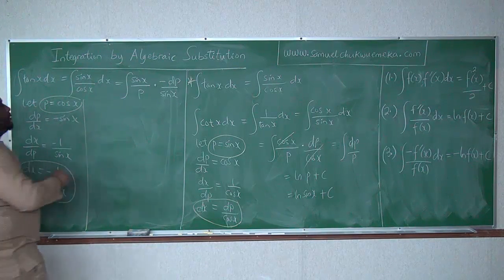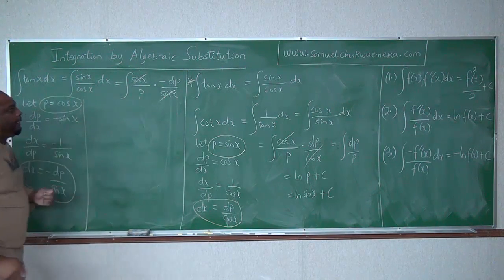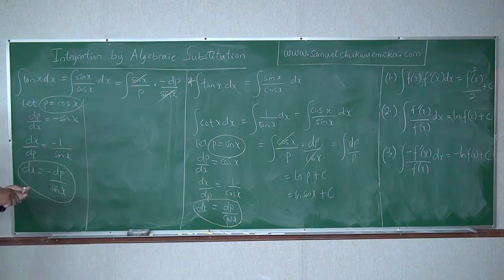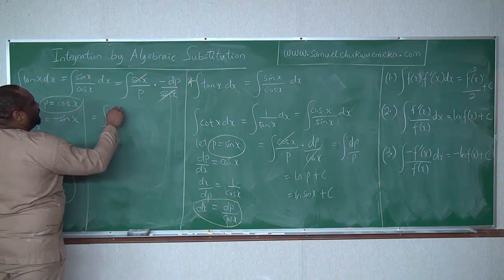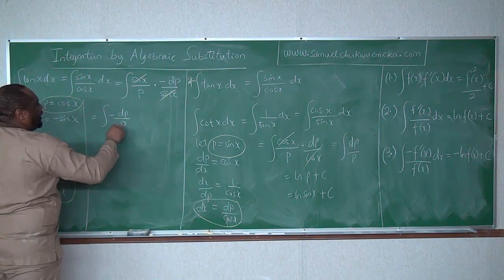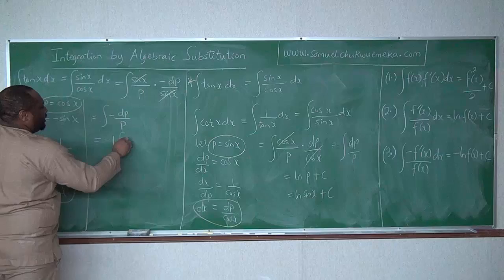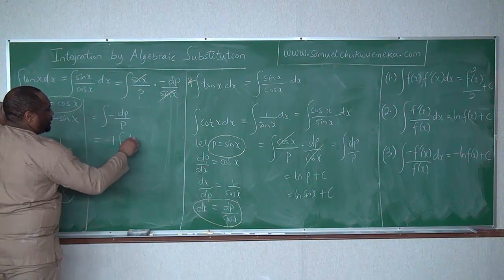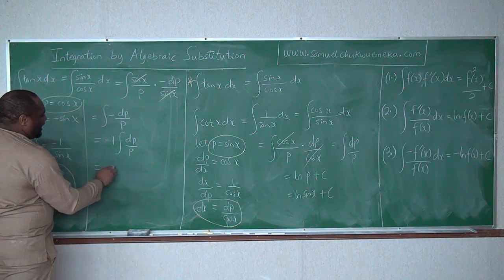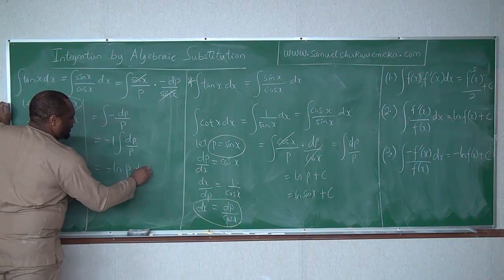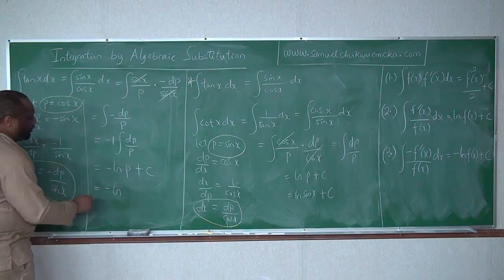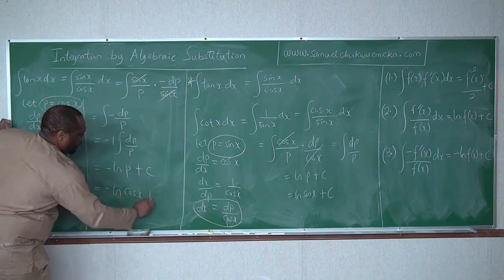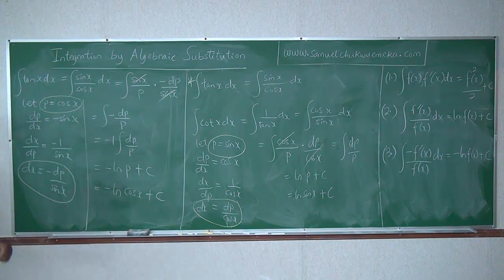Then I cross out. So I now have negative dp over p, which is negative 1 times dp over p. Which is negative ln p plus c, which is negative ln cos x plus c. That's it.